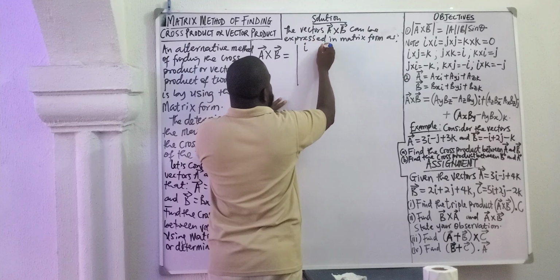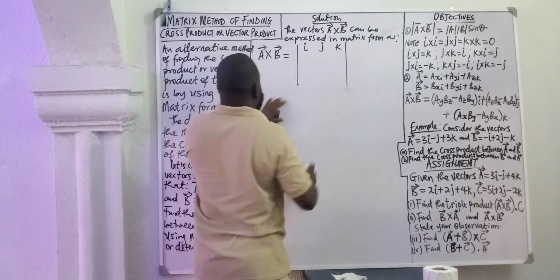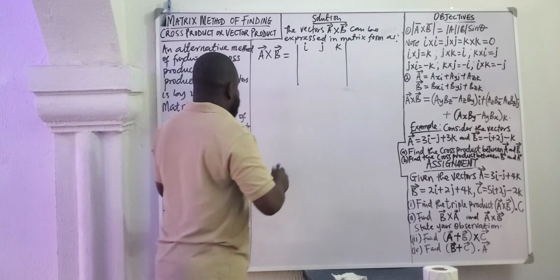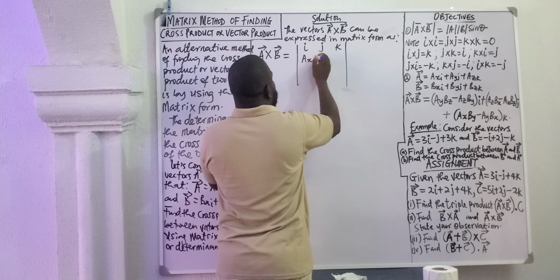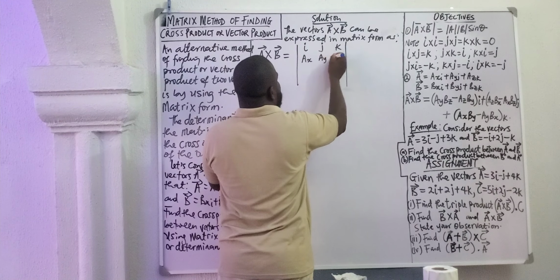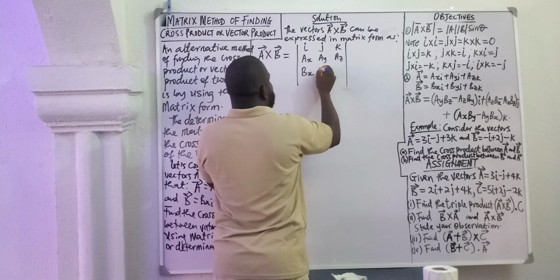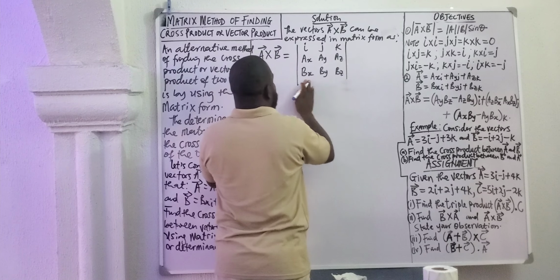We'll take the unit vectors i, j, k, and then I will put the coefficient or component vector. So this is AX, AY, AZ, and BX, BY, BZ.